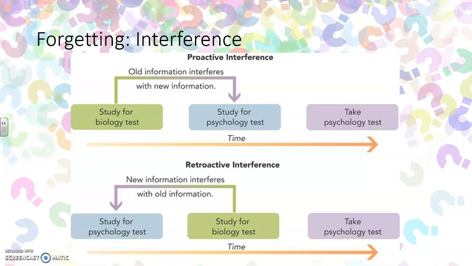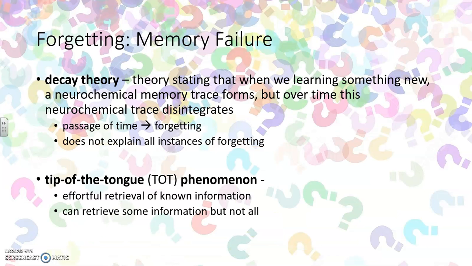Here's a little graphic of proactive versus retroactive. And this image is way more helpful. I think there's a corny little way to remember this. I'll have to look through my notes to find out for you.